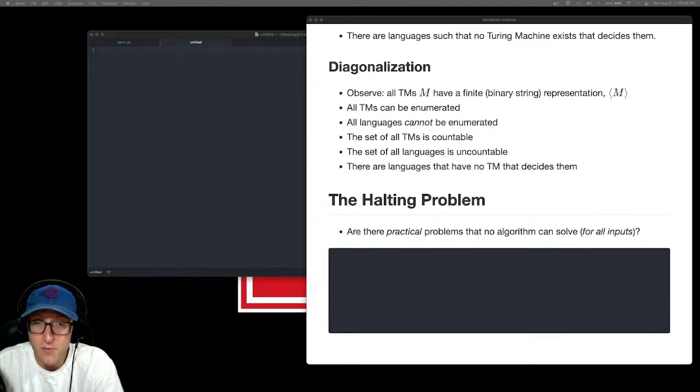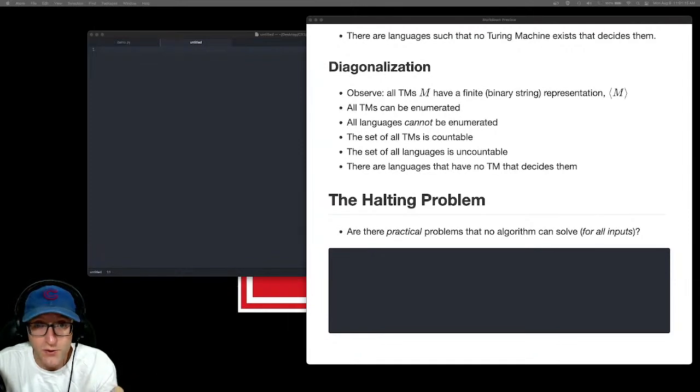Remember that on Friday we looked at this proof using diagonalization, which is due to Cantor. The technique is due to Cantor, and the actual proof with respect to Turing machines, of course, due to, I believe, Turing himself. And he showed that there are languages that cannot be decided by any Turing machine.